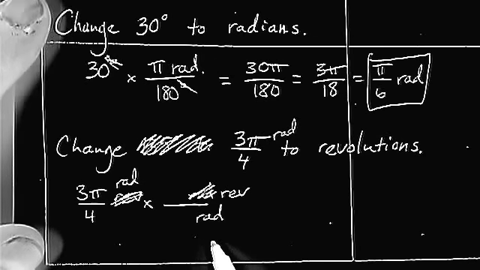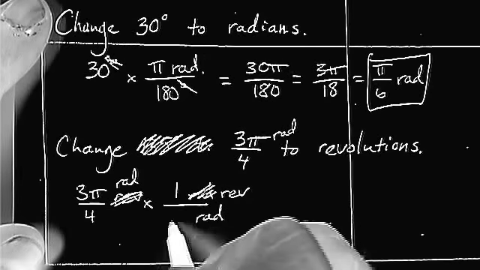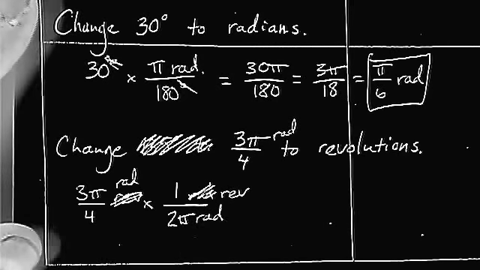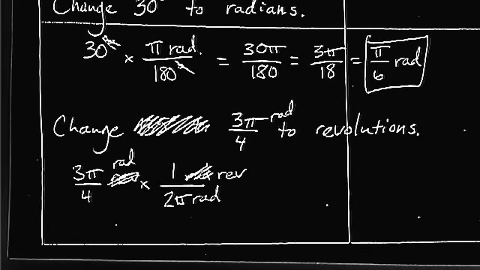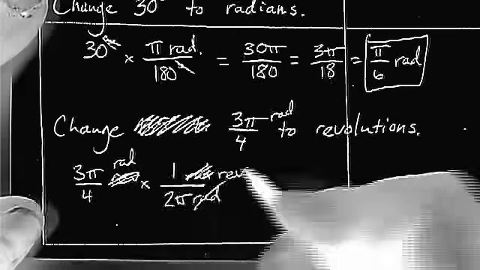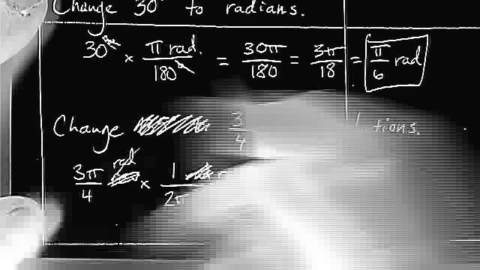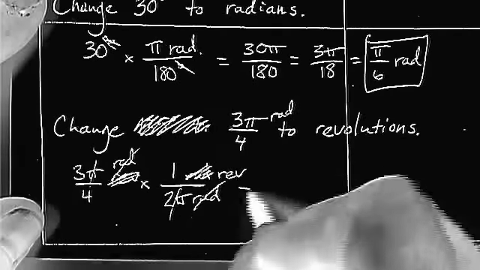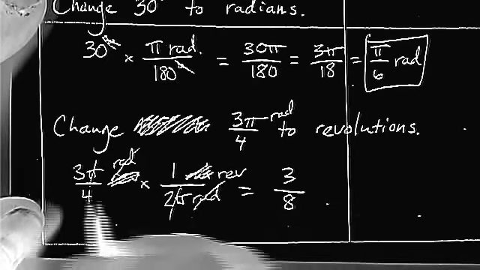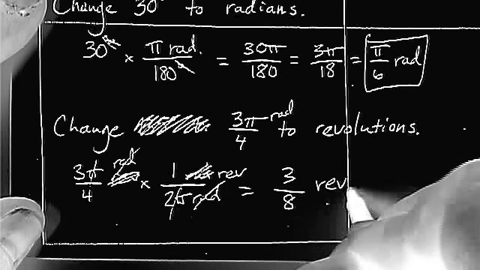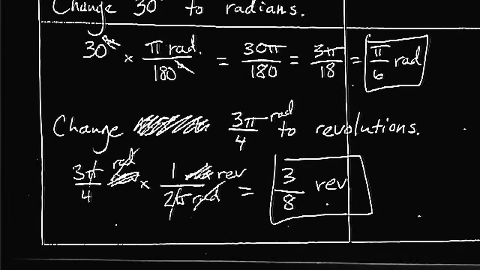So 1 revolution is 2 pi radians. Okay? Anything cancel out? Sure, the radian units cancel out. The pi's cancel out. We have 3 times 1 on the top and 4 times 2, 8, on the bottom. So 3/8 of a revolution.